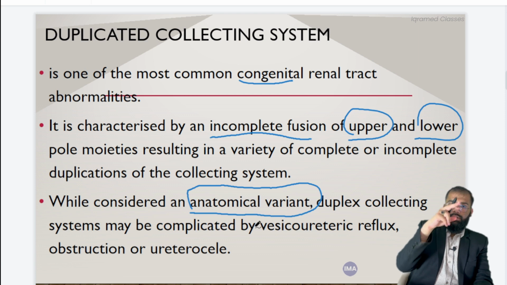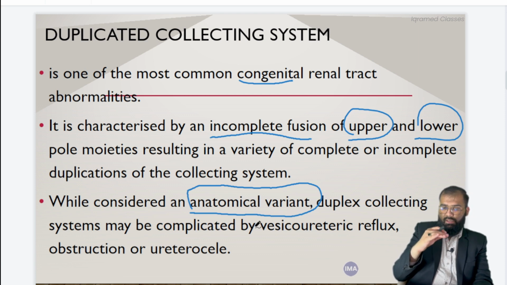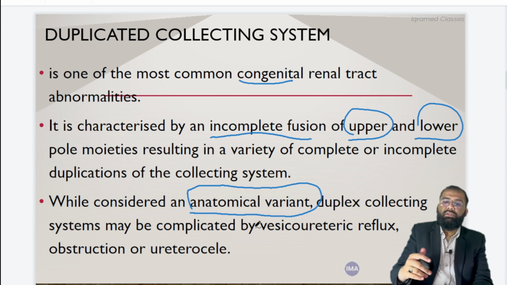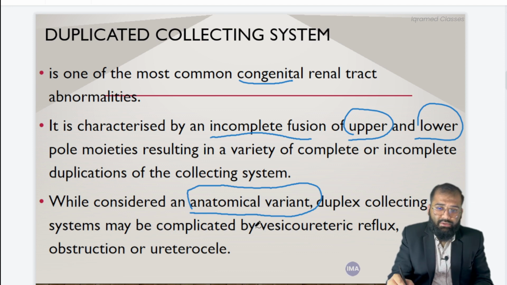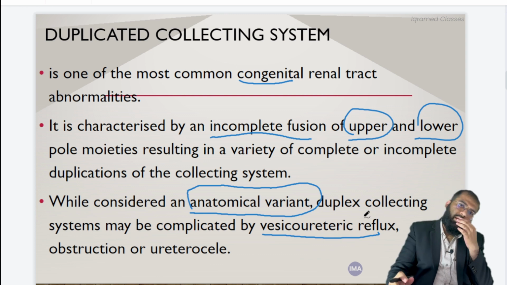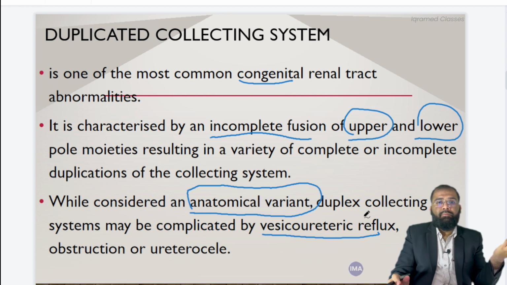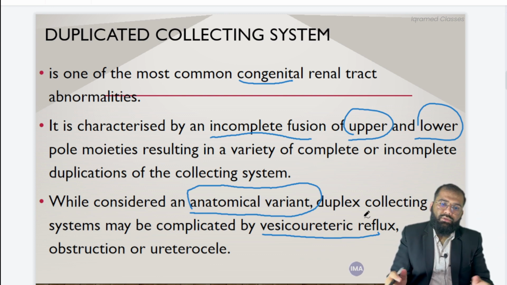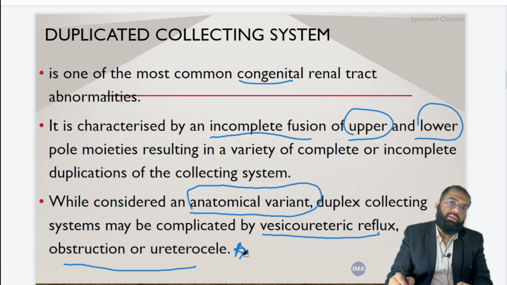The lower ureter inserts normally, that is above, and it has high chances of complication which is vesicoureteric reflux. So whenever the patient urinates, there is a reflux from the bladder into the ureter, and depending upon the grades there can again be thinning and hydronephrosis of the kidney. So these are the two important complications associated with duplication.